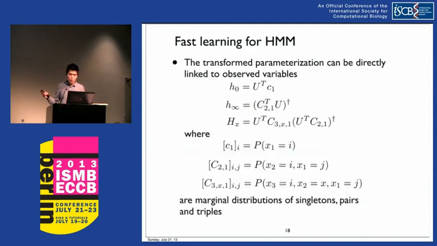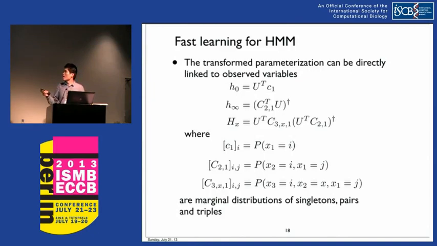Why would we want to use the alternative parameterization? If you choose A carefully, we can link the alternative parameterization directly to the observation variables. So we no longer have the hidden variables. We can directly recover the hidden transformed quantities from observation vectors.